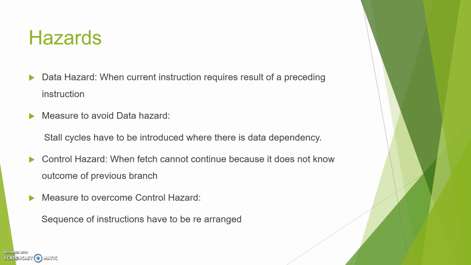The measure to avoid this data hazard is to introduce stall cycles where there is data dependency. Whereas, control hazard is when fetch cannot continue because it does not know the outcome of the previous branch. One of the key measures to overcome control hazard is that the sequence of instructions has to be rearranged.